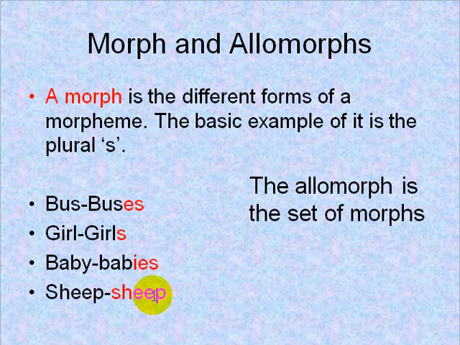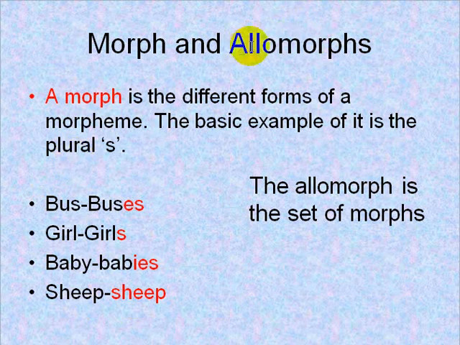So these different morphs are regarded as the set of the plural s morpheme. This set, by definition, is called allomorphs. Allomorphs of the plural s.